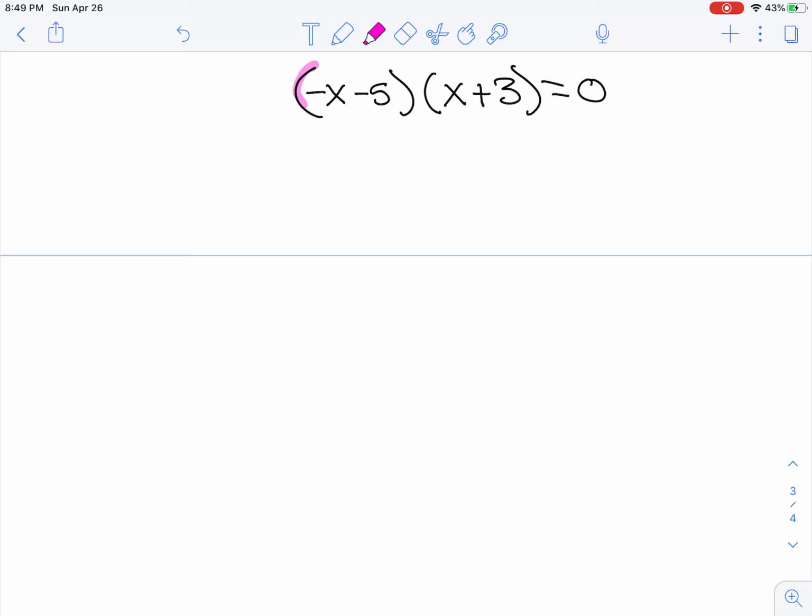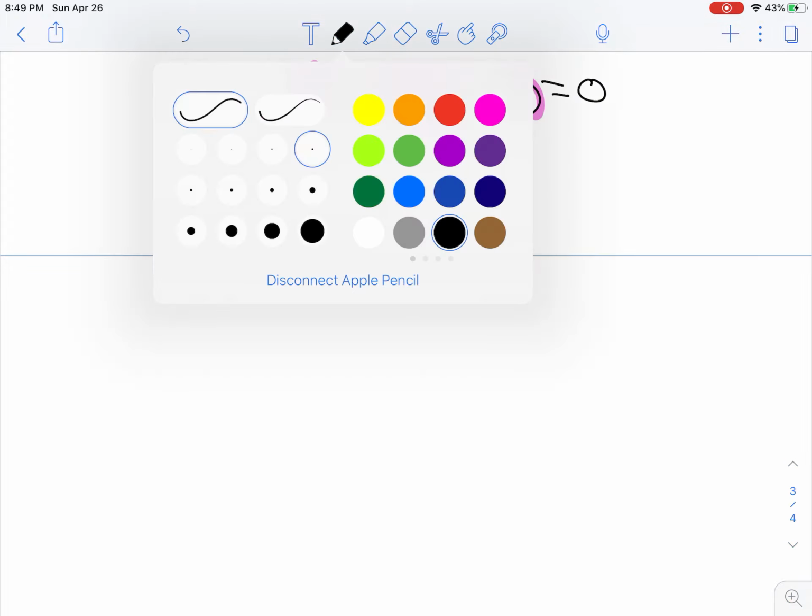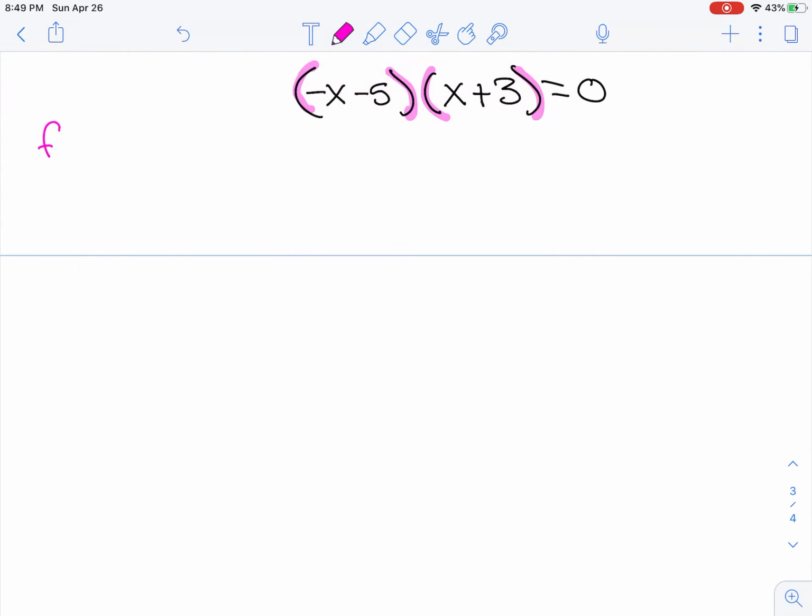Okay, you should know right now that because there are parentheses, this is called factored form.